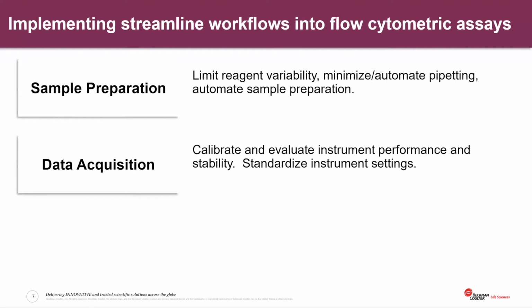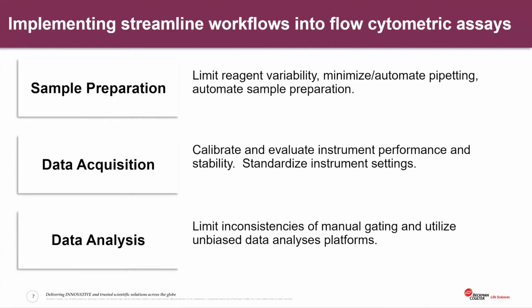The second aspect is going to come from the data acquisition itself, where we're going to discuss instrumentation, calibration of instrumentation, and standardization. And last but not least, is data analysis. So if you look here collectively, this really relates to that chart where you've seen that 50% irreproducibility. So we're going to hone in on how we can help you reduce that number.